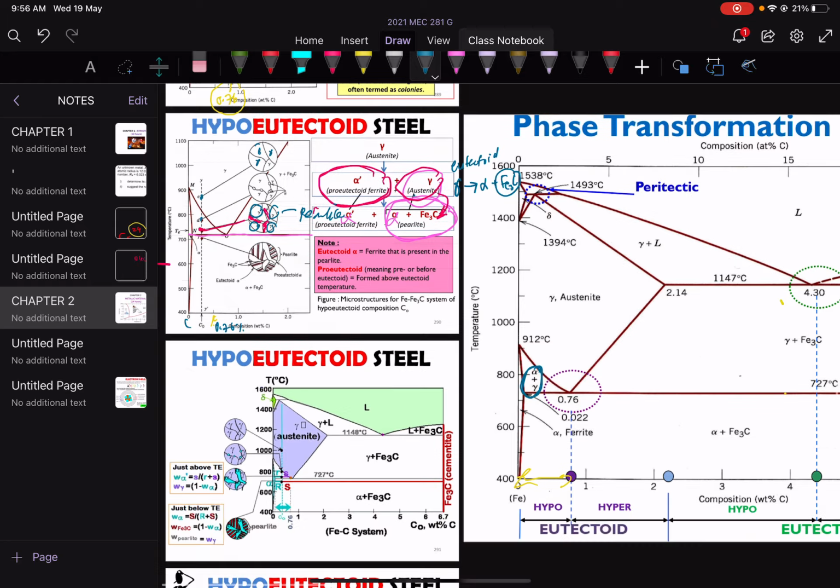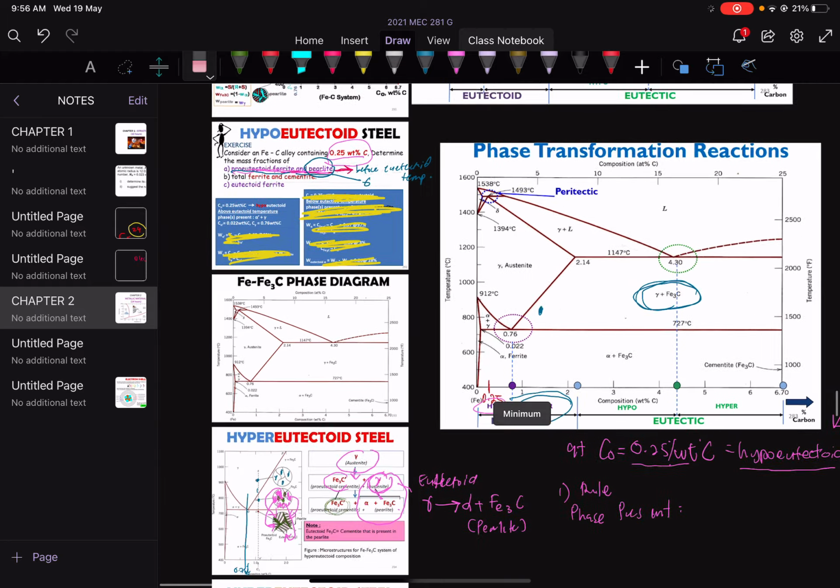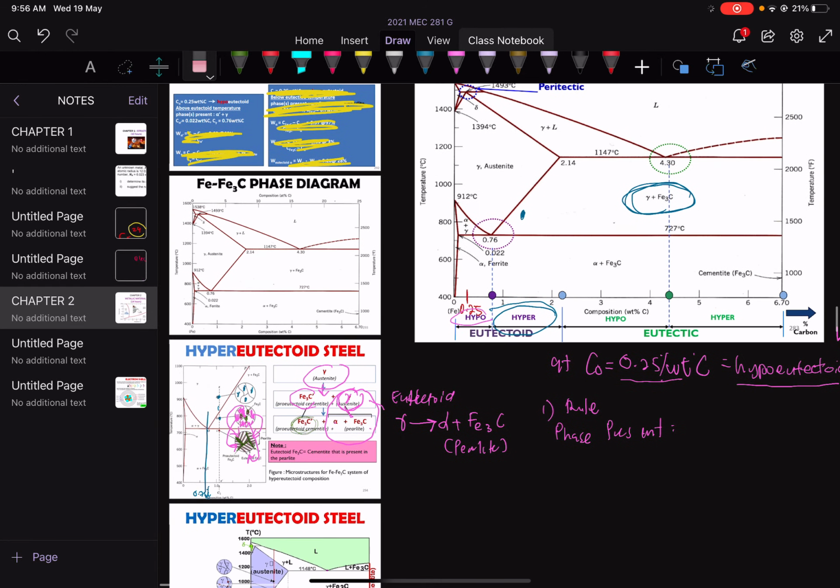So if the question asks you to find the pro-eutectoid ferrite and pearlite, it is better to find it just above the eutectoid temperature, where the pearlite is all gamma. Let's look at how we are going to utilize rule number 1, rule number 2 and rule number 3.